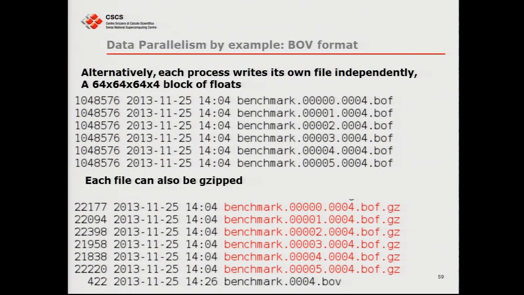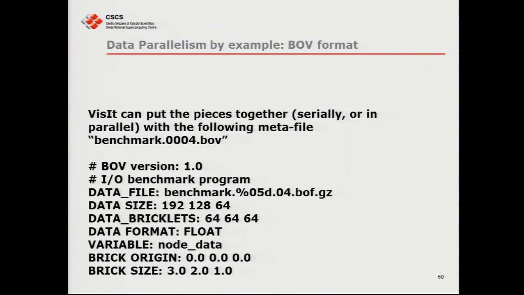This is the content of the file. It's ASCII, so it's readable. That's what I wanted. And it tells me this is the BOV format. Here's a pattern of file names which should be read. So time step 4, and then all of those are the processor ID.